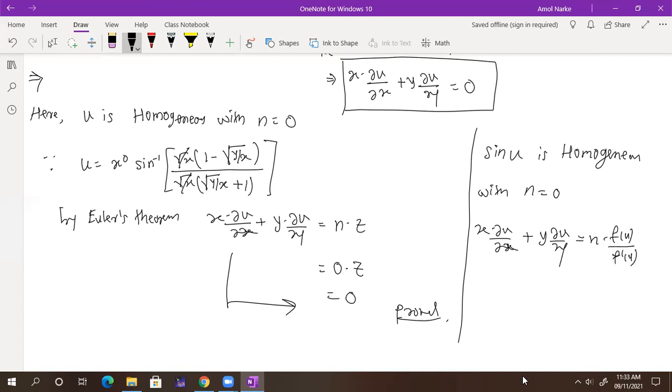But the n value is 0, so 0 into everything, f of u and f dash of u remain as they are, and again you are getting 0. Done. So either you can find it by using sin u or by using u, no problem. Got it, everyone?